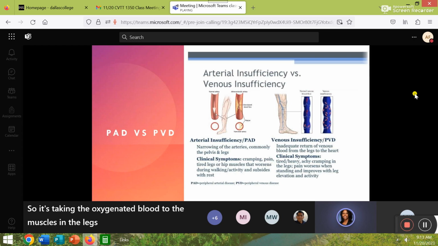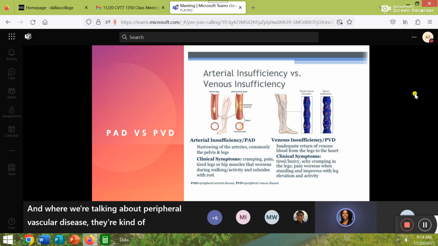Then you have PVD, peripheral venous disease, though PVD is sometimes also used as an umbrella term for peripheral vascular disease. When we're talking about peripheral vascular disease, they're keeping everything looped in together, usually including arterial and venous.